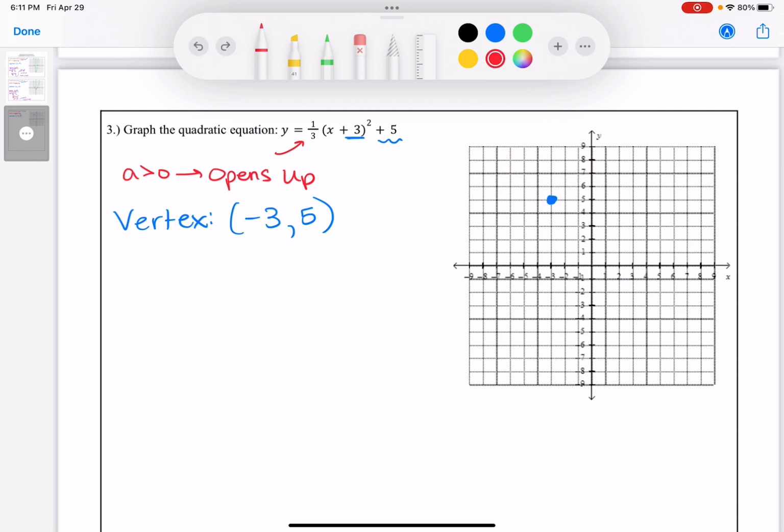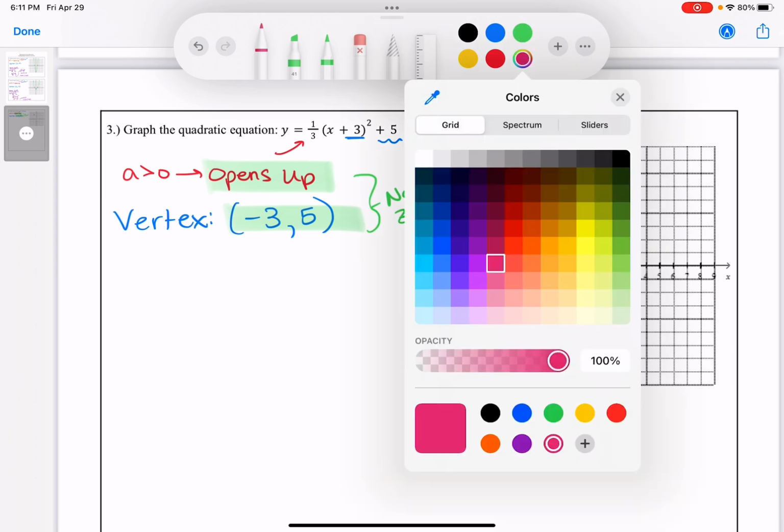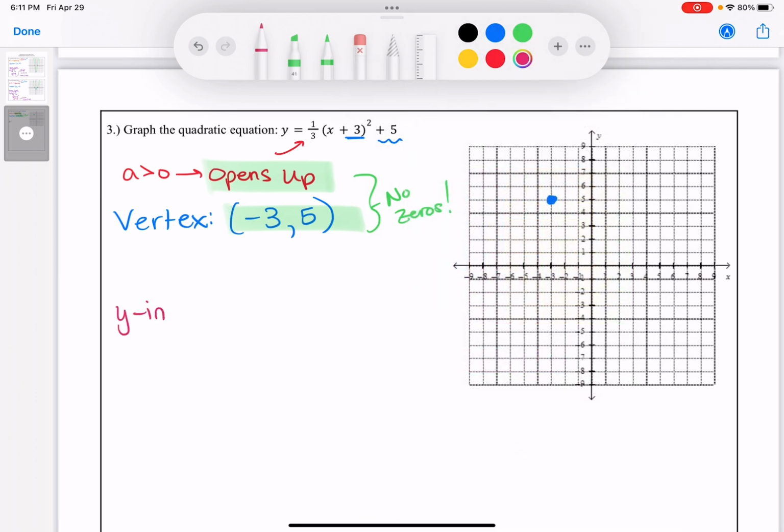So you could save yourself some time and effort and know that if it's opening up and the vertex is way up here already, there's going to be no zeros, right? We talked about that yesterday. So if I did all the work to find the zeros, you'd end up with no solution, right? So instead, I need to find the y-intercept, because that's the easiest point that I could plug in.